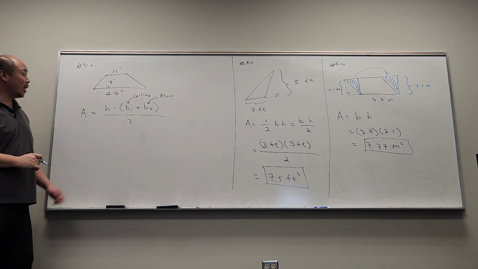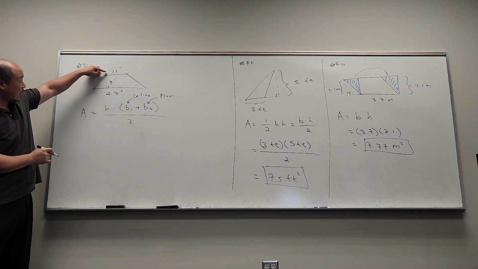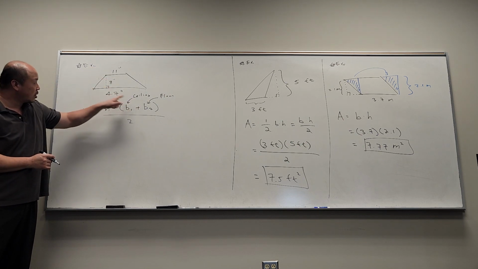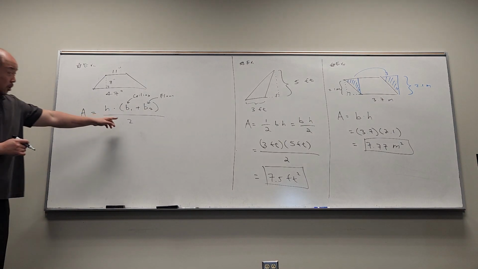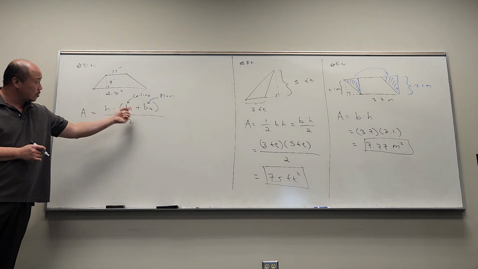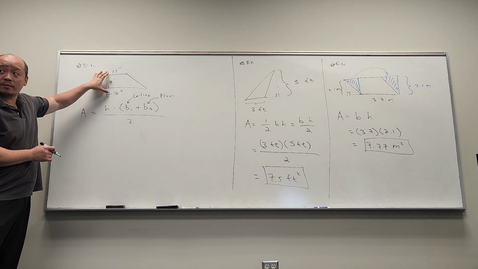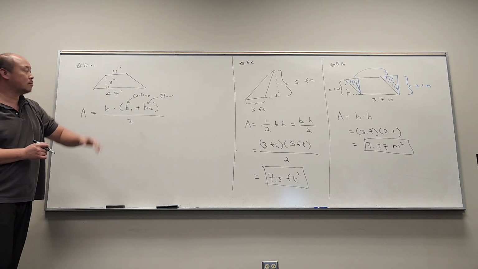Meaning, B1 is the guy on top, B2 is the guy at the bottom. And the height, of course, is 8, right? So it's the height times the average of those two guys, the average between the top and the bottom.